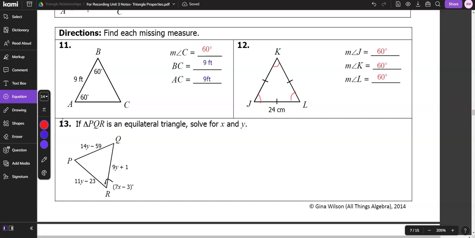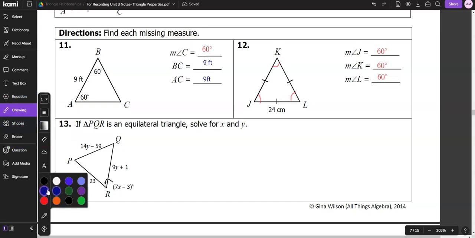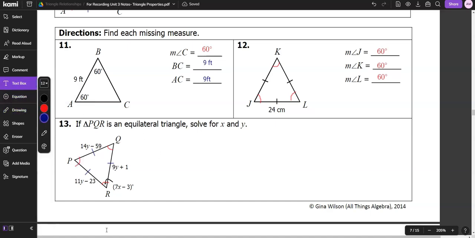So number 13 says, if triangle PQR is an equilateral triangle, solve for x and y. So first off, again, if it's an equilateral triangle, that means all three sides are congruent and all three angles are congruent, which means each angle is going to be equal to 60 degrees.